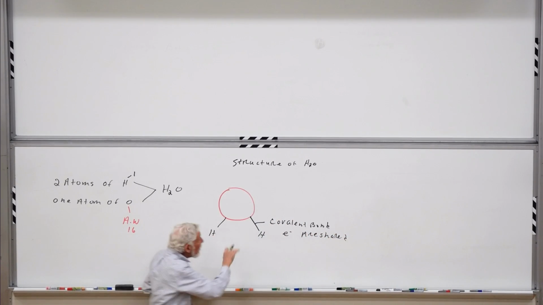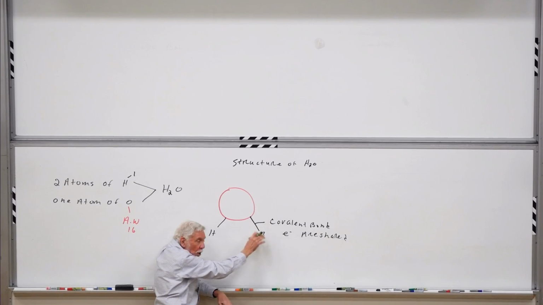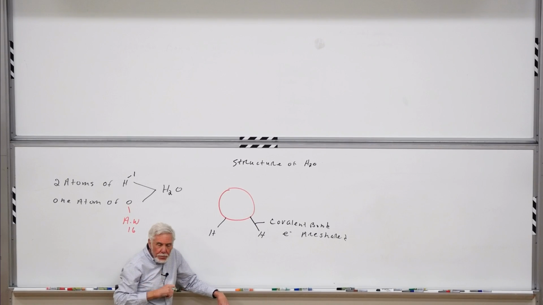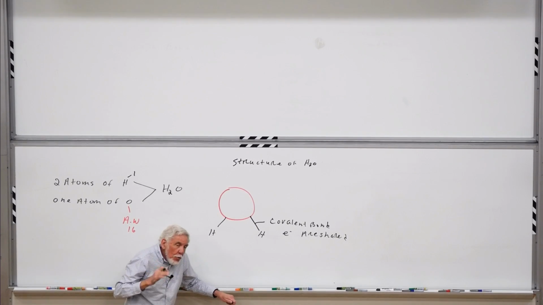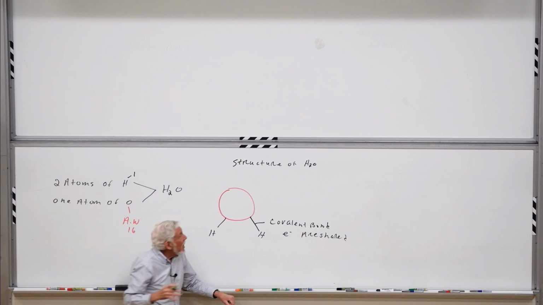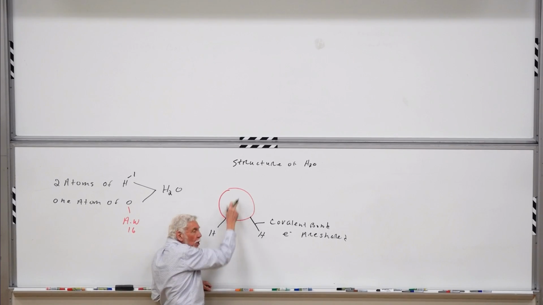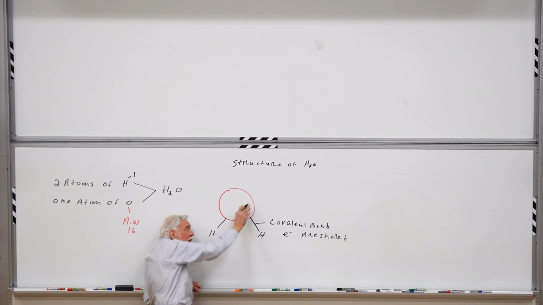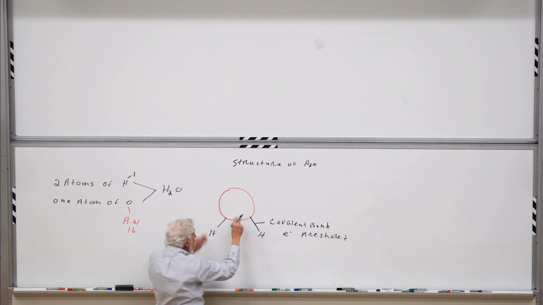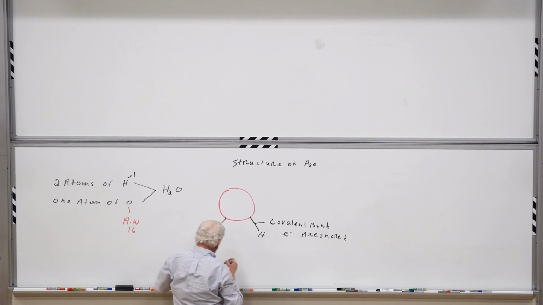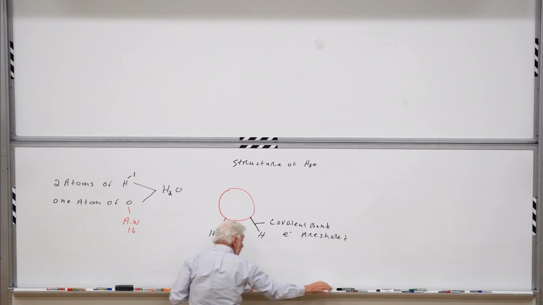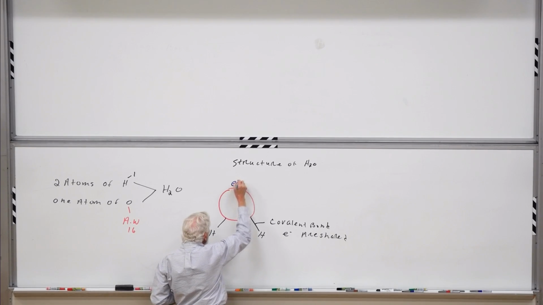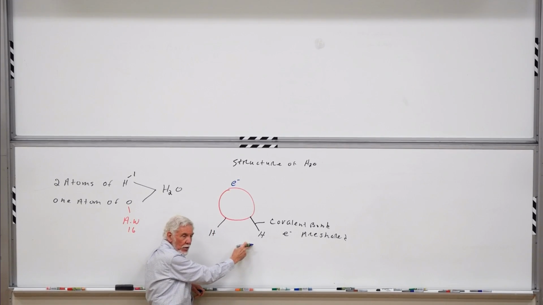This says that the electrons are shared. There's an orbital around the oxygen and a single orbital around the hydrogen, and these electrons are shared in those orbitals. But one of the characteristics of water, one of the things that makes it unique, is that this electron sharing isn't even. What happens is because of the mass and charge on the oxygen, the electrons tend to spend more time around the oxygen than they do around the hydrogen.